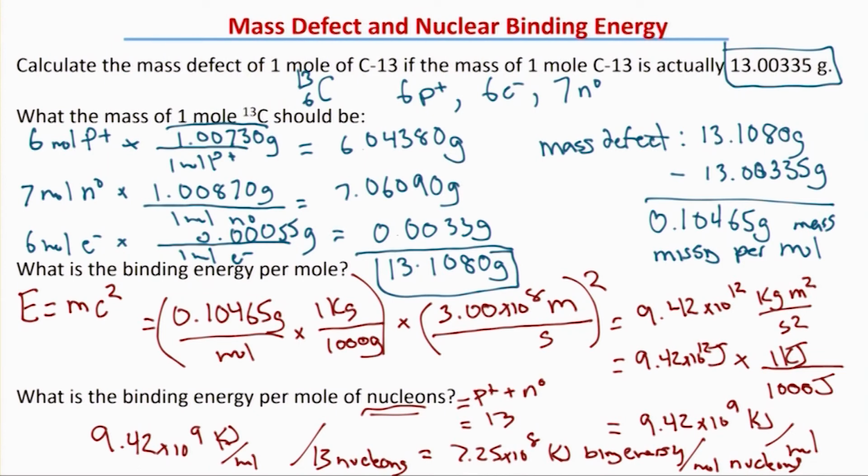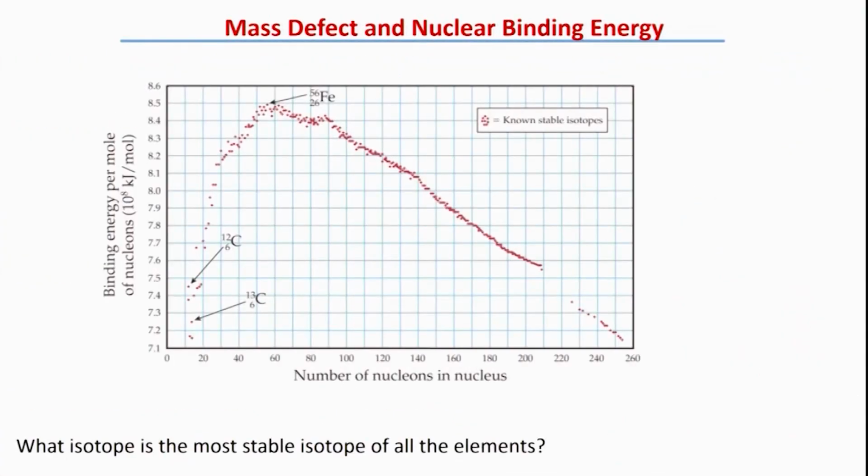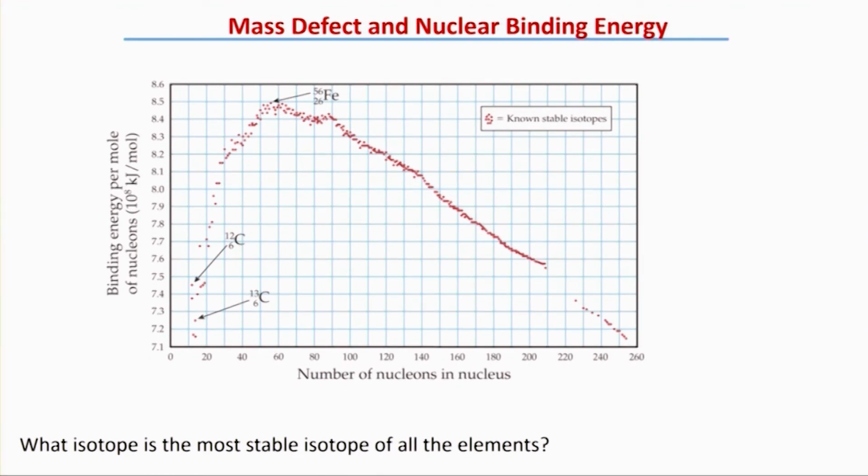We are able to then look at another graph here just to show you. This is showing the binding energies. Over here, we have binding energy per mole of nucleons for different isotopes. These are known stable isotopes, divided by the number of nucleons in their nucleus. Whew, it's a mouthful.